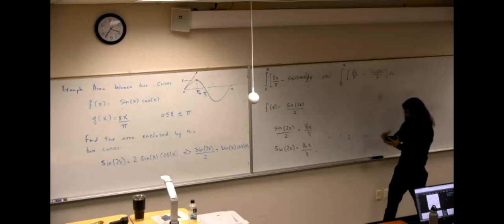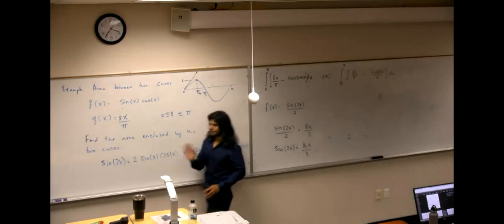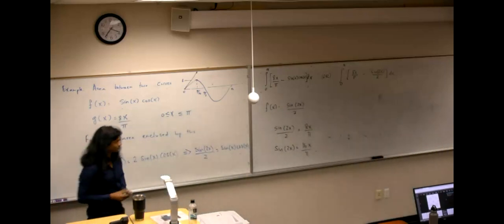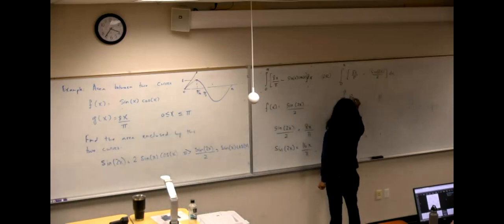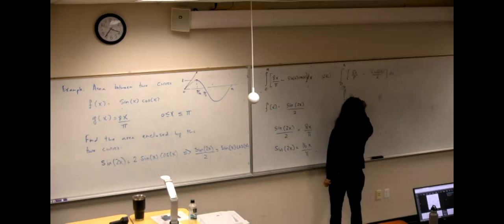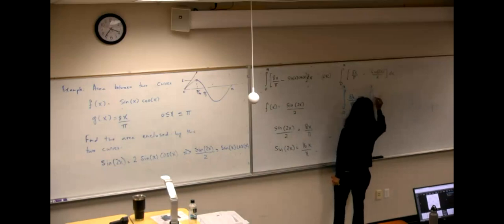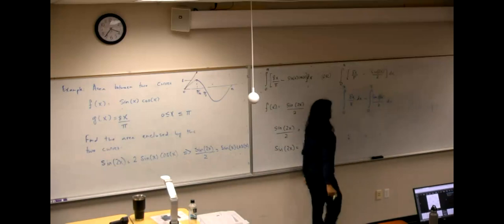But here it is a difference, so I can split the integral. 8x over pi, 0 to pi, dx, minus 0 to pi, sine 2x over 2, dx.